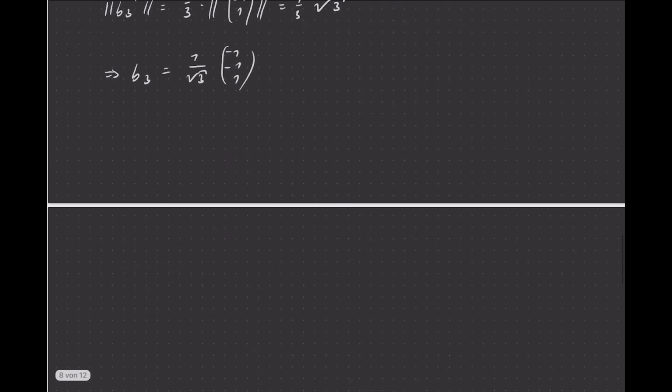Okay, so that is actually orthogonal, and that means this b3 here is then a basis of U ortho. So 1 over the square root of 3 times (-1, -1, 1) is an ONB of U ortho. And that completes this example.